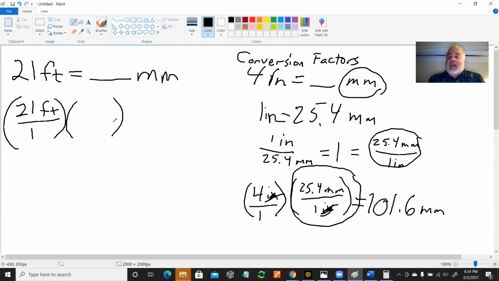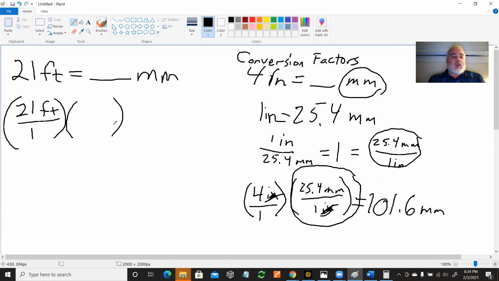There's 16 ounces in a pound. You might need that. There's 4 quarts in a gallon. You might need that. Everything else I think I would give you, like 5,280 feet in a mile. I'm not going to ask you to do that.